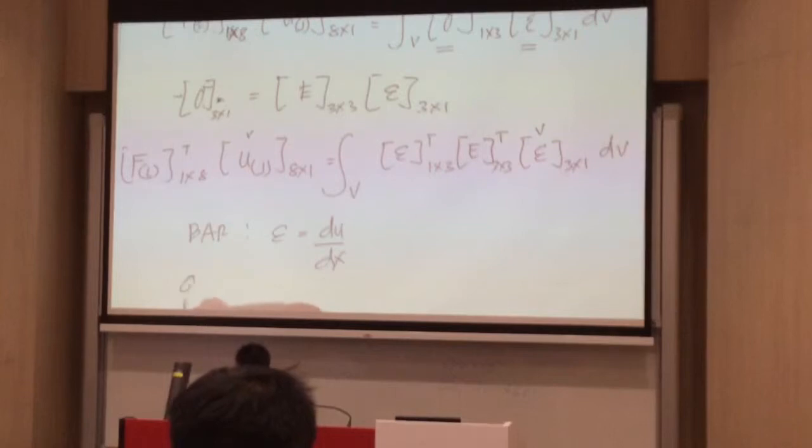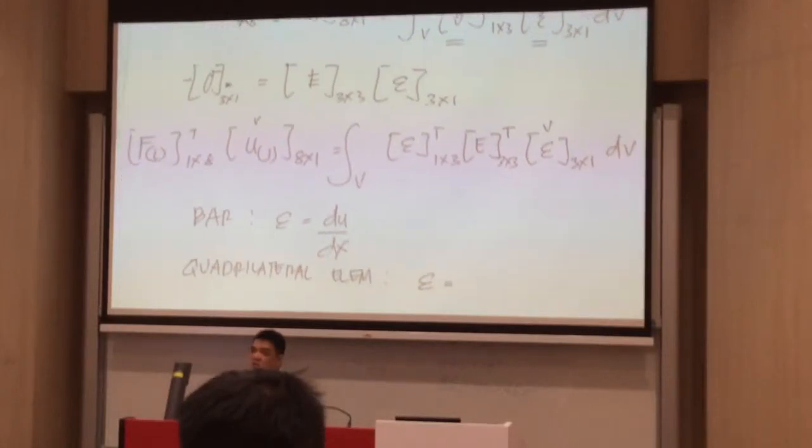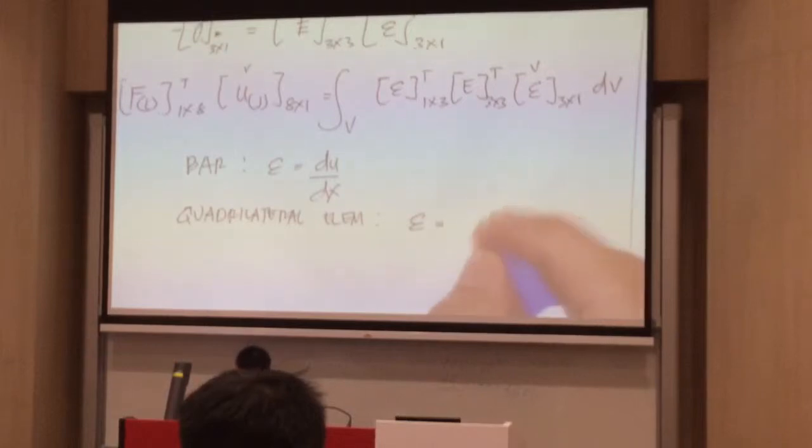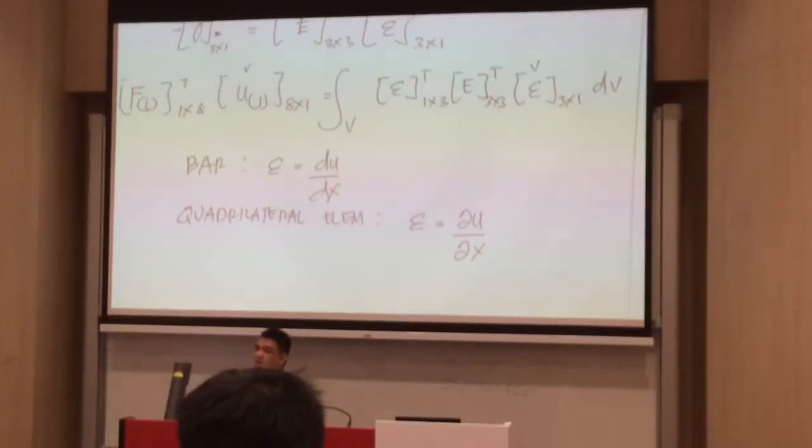For a quadrilateral element, your strain, because we have now x1 and x2, will be the partial derivative of u with respect to x, where x can be x1, x2.